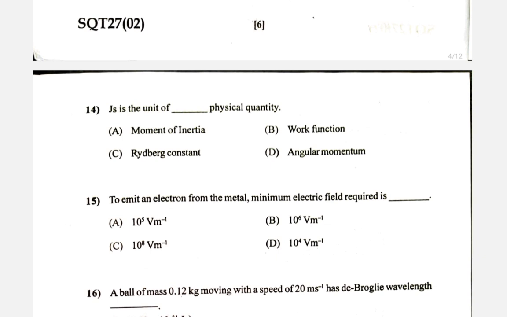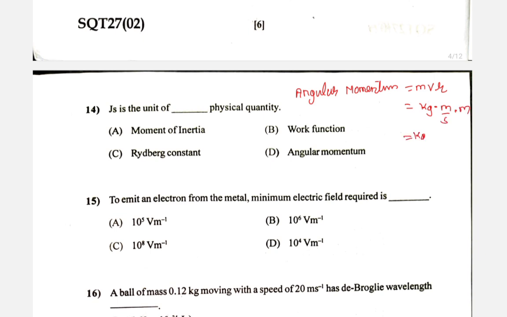Then in 14th, what is given? Joule into second is a unit of which physical quantity? Joule into second. For that we know that it is the unit of angular momentum, and we have solved this question in the classroom two to three times. Angular momentum is equal to mvr, and m is in kg, velocity is meter per second, and r is also meter.